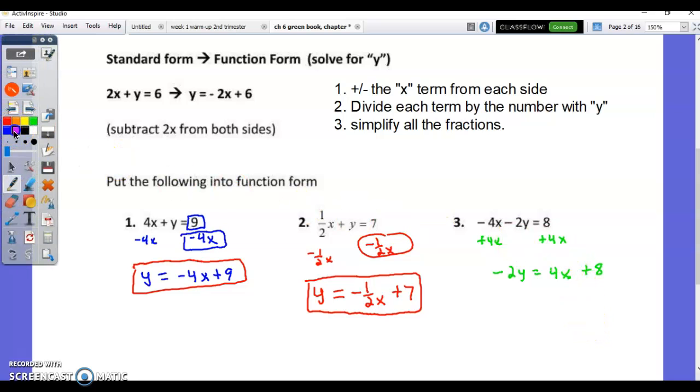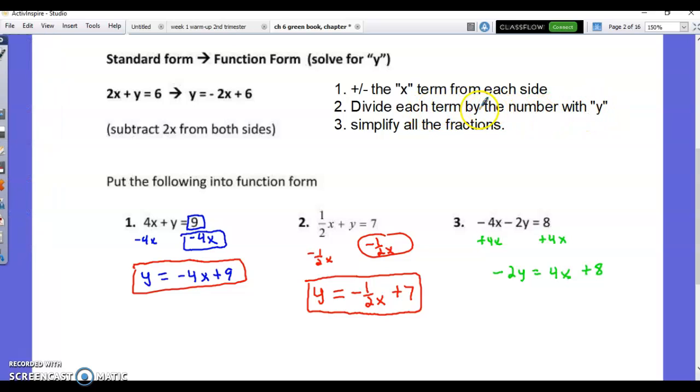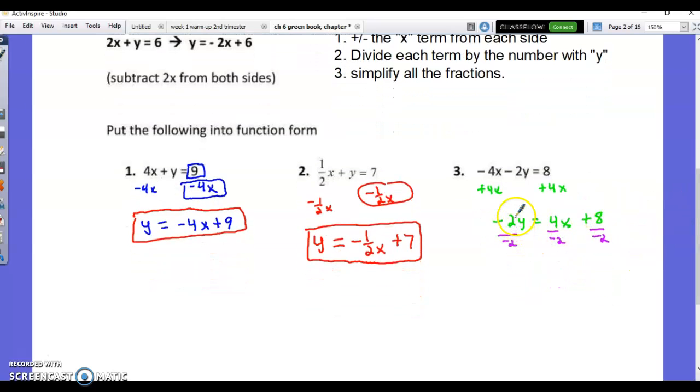So now my next step is to divide by the term, divide each term by the number with the y, so that would be the -2. And these fractions are going to simplify to whole numbers, so when I do -2 divided by -2, that just equals y, and then 4 divided by -2.